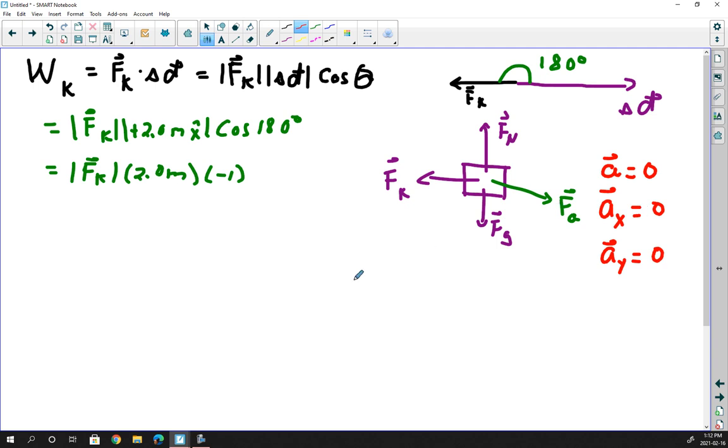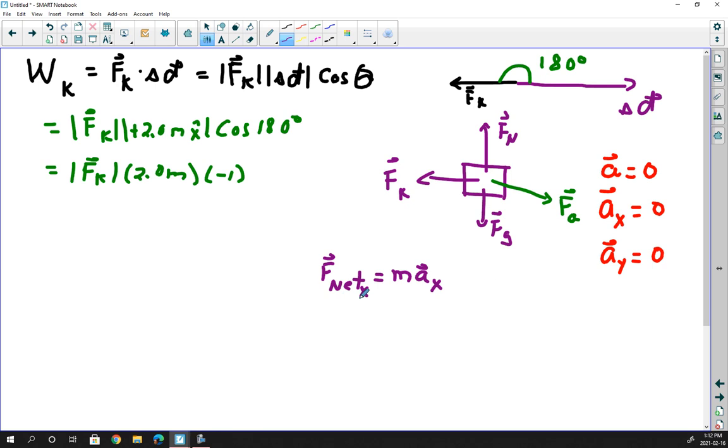And if we write down F net, x component is going to equal the mass of the object times acceleration x component, which we know that's 0.